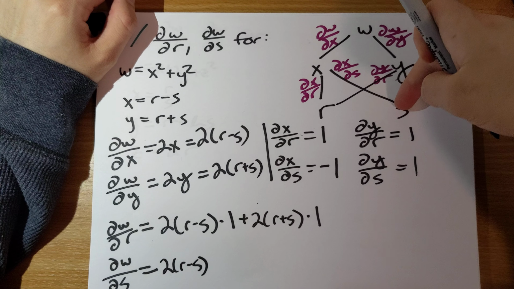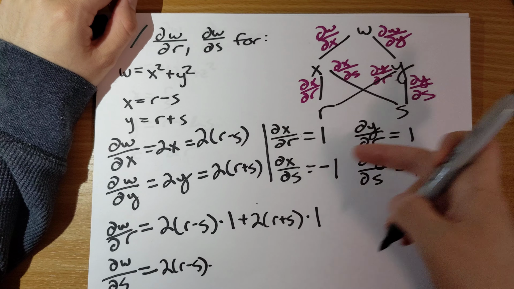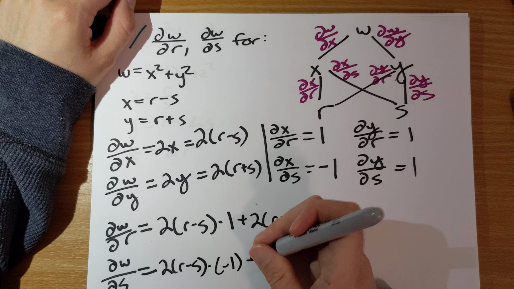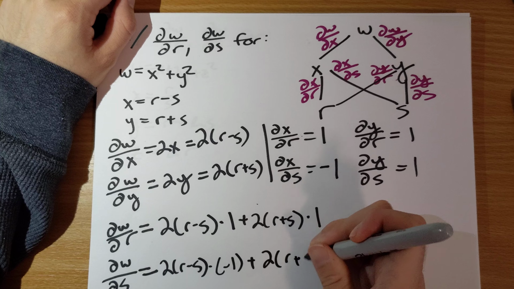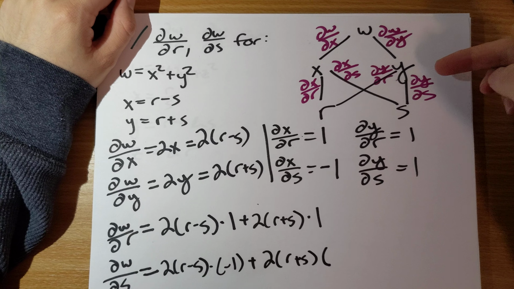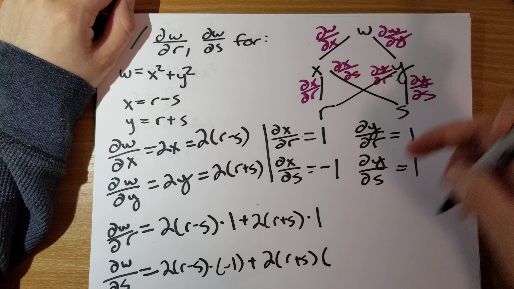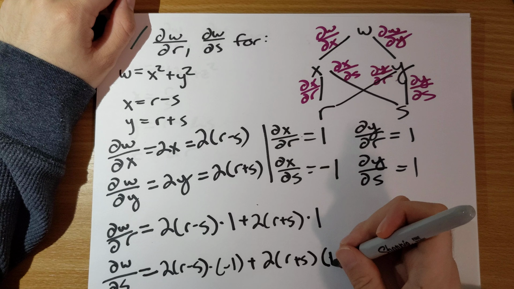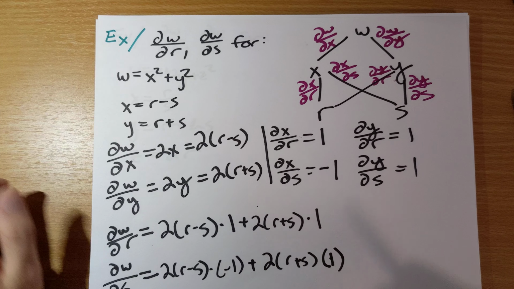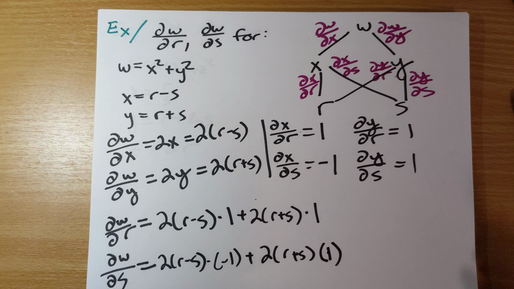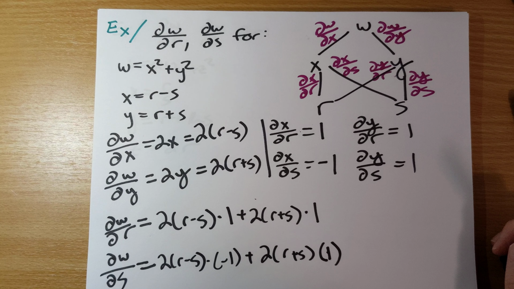Partial x, partial s will be -1 here. Then partial w, partial y is 2 times r plus s, times partial y, partial s, and that is 1 here. And I'm sure those terms simplify, but we'll say that this is our final answer.